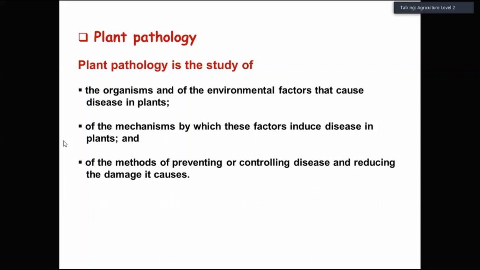So three distinct features of the subject: organisms and environmental factors, the mechanisms, and the methods of preventing the disease. That means a plant pathologist has three major areas of work to deal with.